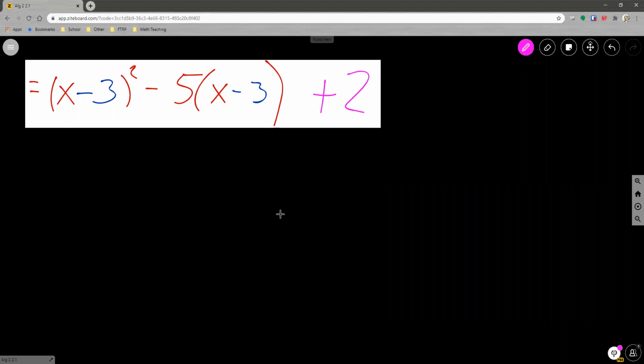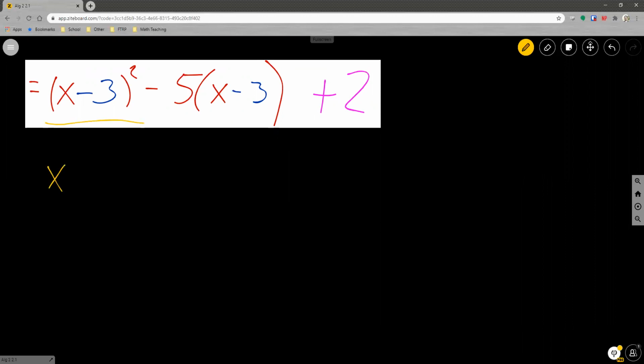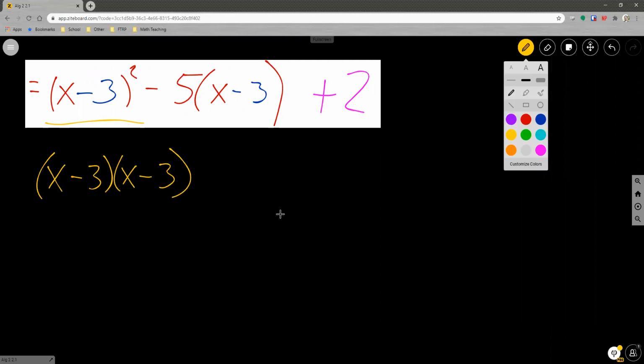Okay, so I've got this expression, x minus 3 squared minus 5 times x minus 3 plus 2. Let's just handle these from left to right. X minus 3 squared, well, that's just x minus 3 times x minus 3. Recall from Algebra 1 the FOIL method.